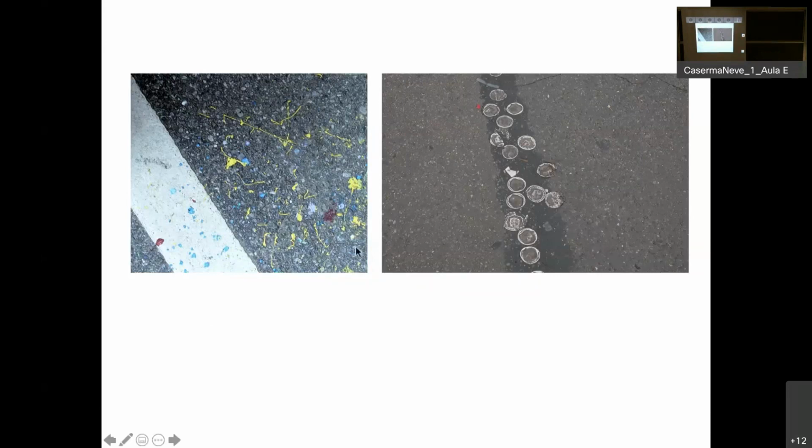Like the fact that asphalt can be, for example, a perfect support for this kind of operation through the addition of color.